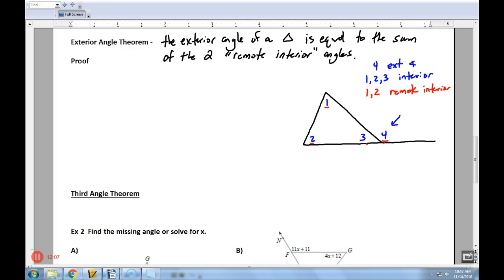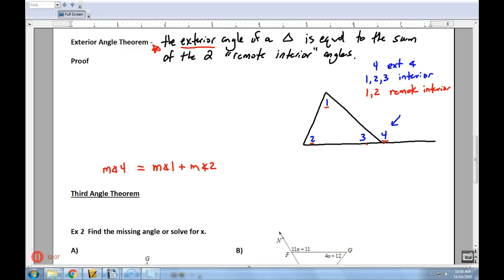The theorem basically says the exterior angle, so what I want to accomplish here at the bottom is the measure of angle 4 is equal to the sum of the measure of angle 1 plus the measure of angle 2. That's what I wanted. That would be this up here in words down below. The outside angle is equal to the sum of the two insides. Well, let's get after this and see if we can make it happen.